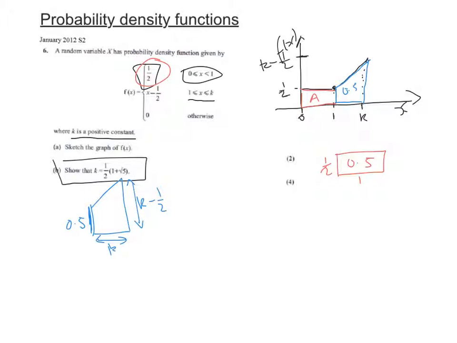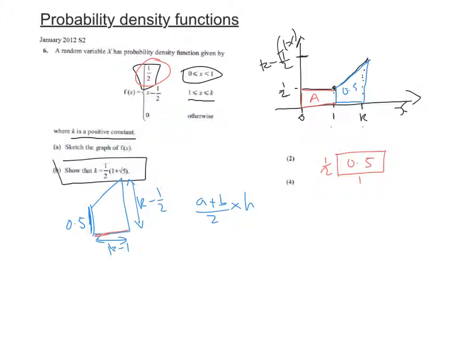Sorry, this length here, the one between the two parallel sides, is not k. In fact, it's k minus 1. So that length there is k minus 1. And we can use this information in the area of a trapezium formula to find what k is.